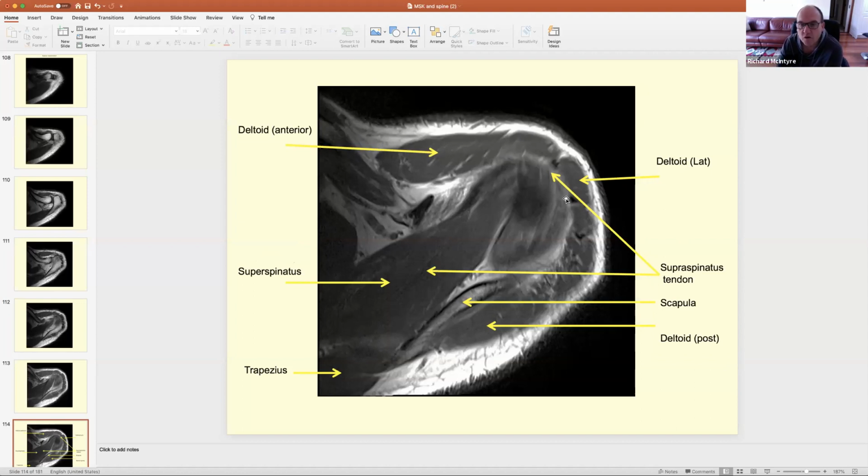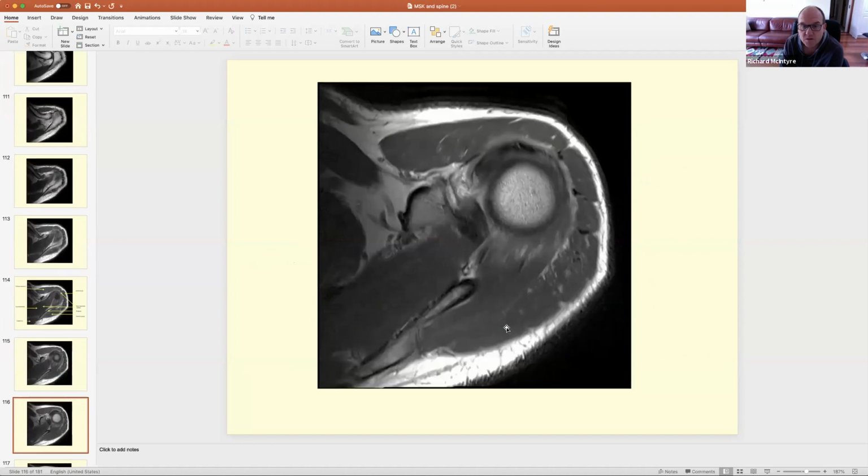Okay, so we've got deltoid. So we've got the lateral, the middle deltoid, anterior and posterior deltoid. Of course, we can see the difference between the muscles, the bone, the cortex of the bone, and maybe the ligaments. Some of the ligaments that we're going to see are dark. Okay.